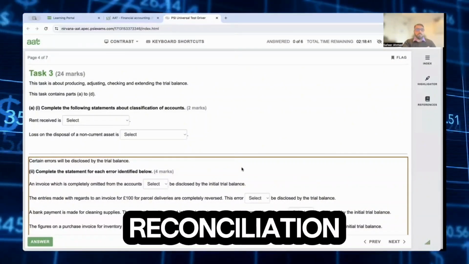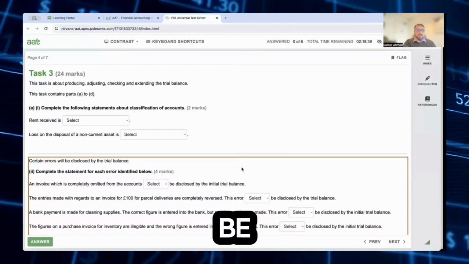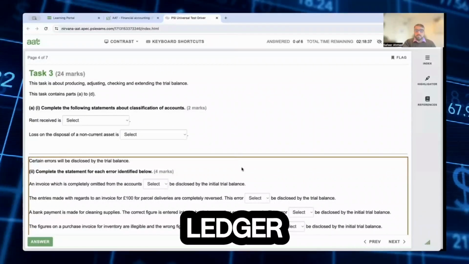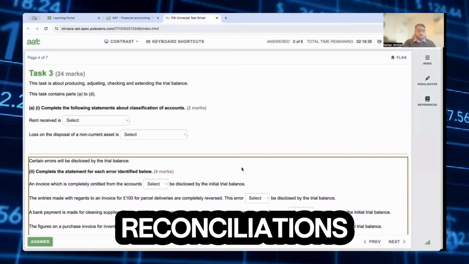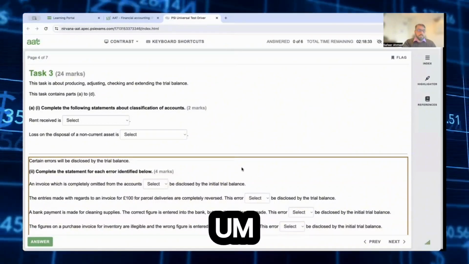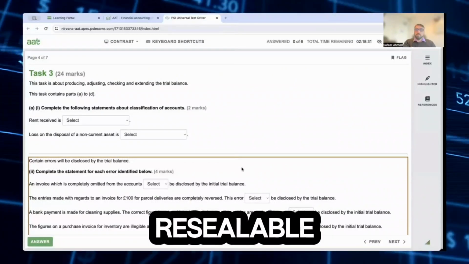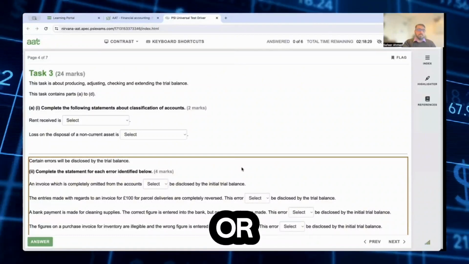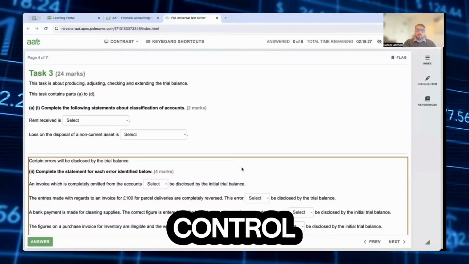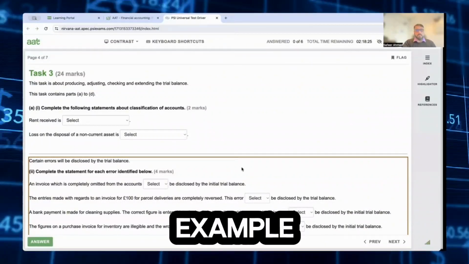It could be bank reconciliation, or it could be ledger balances reconciliations as well. Things like trade receivable control account, for example, or trade payables control account, for example.